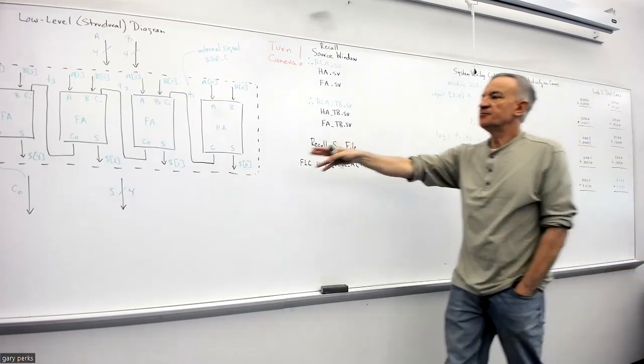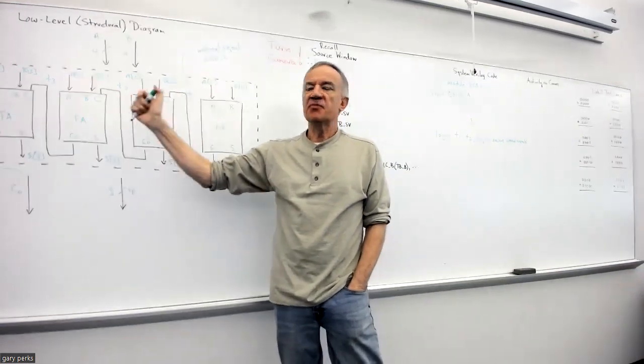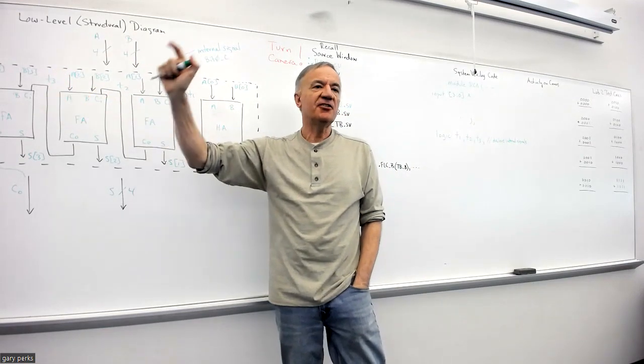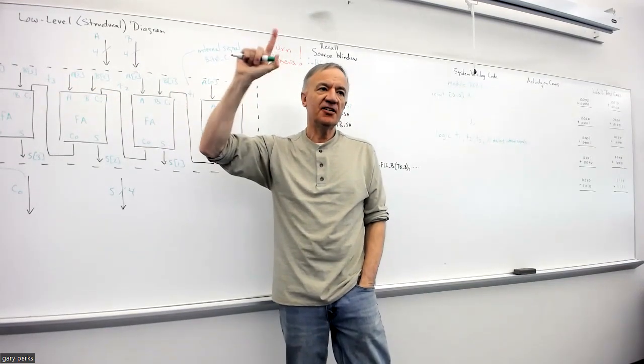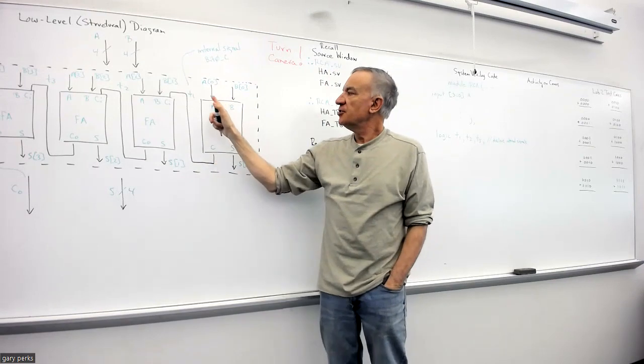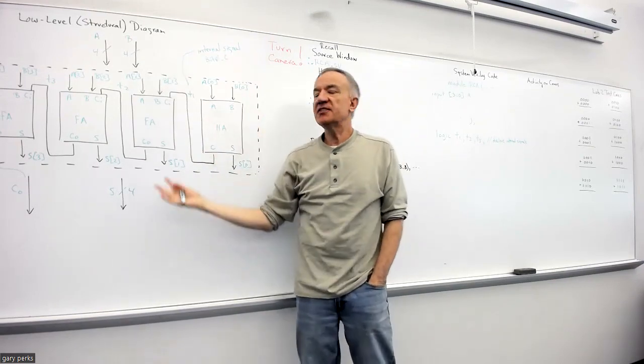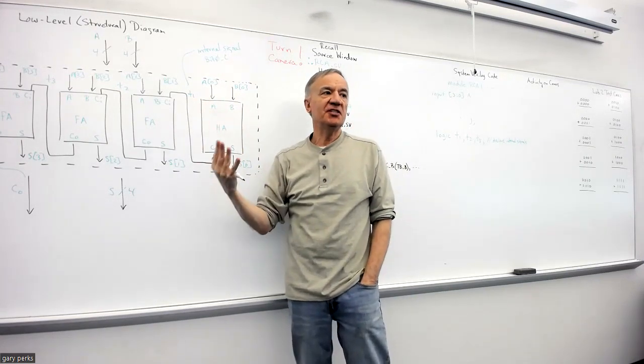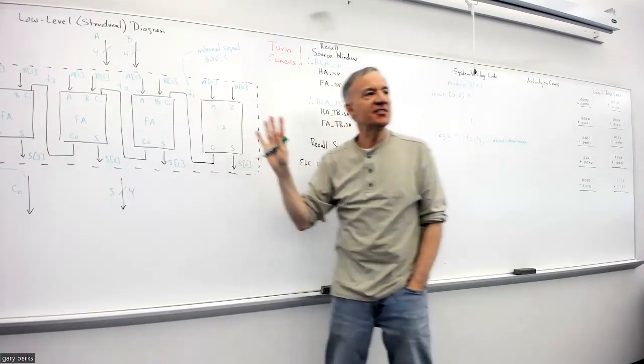Now, not in this design, but in some future designs and also in an activity that you're going to work on, just like you can have inputs and outputs that are multi-bit, you can have internal signals that are multi-bit. Here they're just single bit.